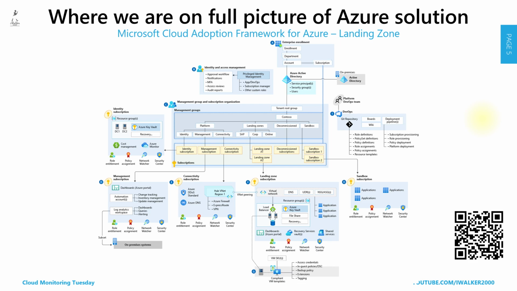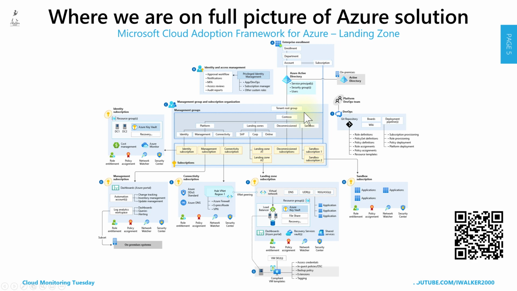And the answer to all these questions is the Microsoft Cloud Adoption Framework for Azure, and the part of this scenario, named the Ready part, where you can find the landing zone. You can see the full landing zone here.